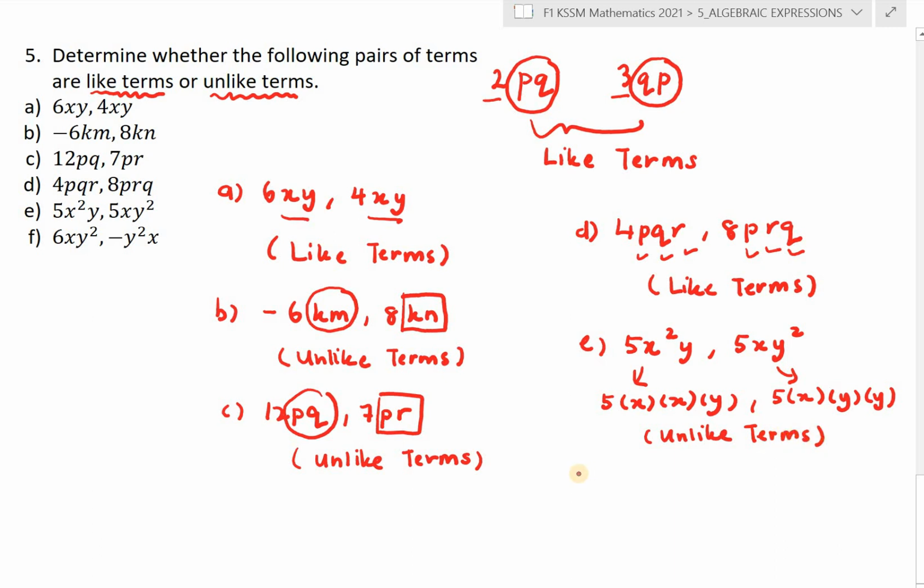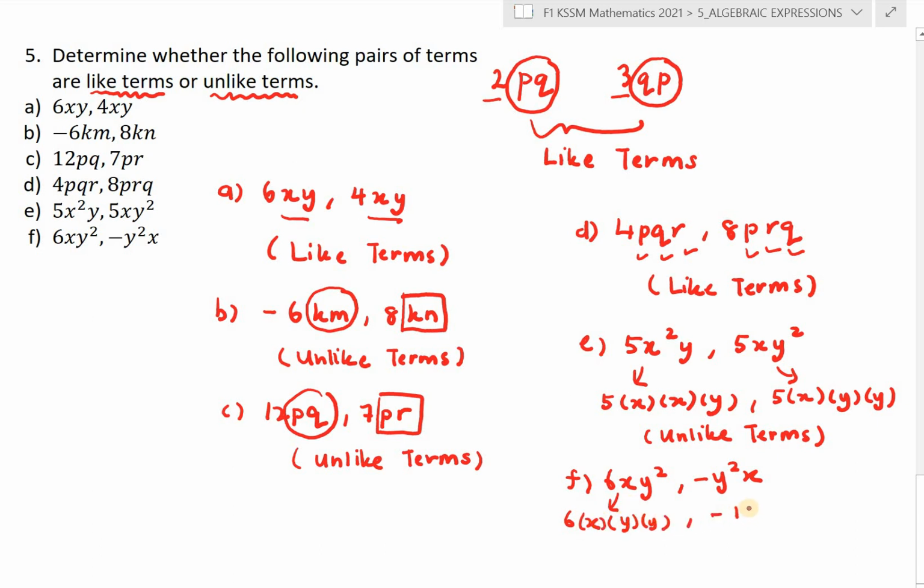Okay, and then let's look at F. Okay, F is 6xy square. Okay, and then negative y square x. Okay, kita tak kisah dia punya negatif ke positif constant tu. Yang kita nak tahu yang ini berapa. Kita ada x, 6x. Yang ini kita darabkan dengan x, darab y ada 2.